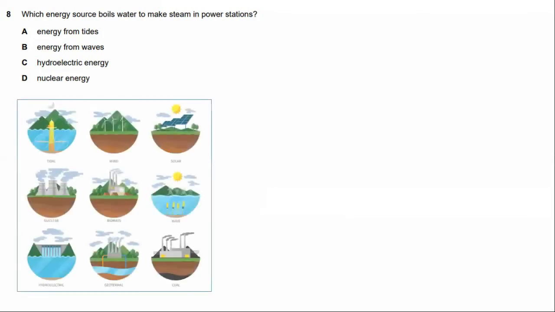First, let's look at a few methods of electricity production. Here you have tidal waves, wind, solar, nuclear, biomass, wave, hydroelectric energy, geothermal energy, coal energy. Remember, except in the solar method, in all of the other electricity production methods, we use a generator.